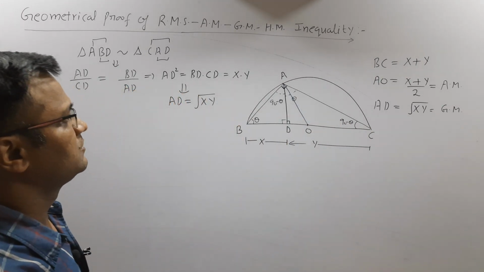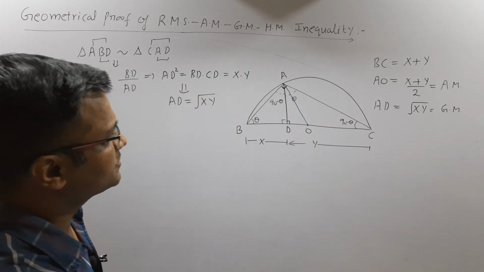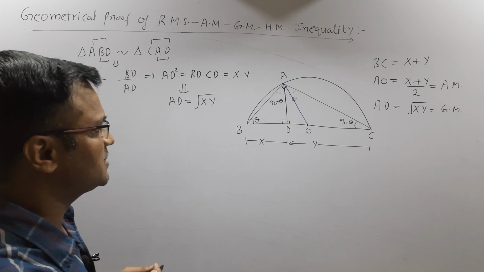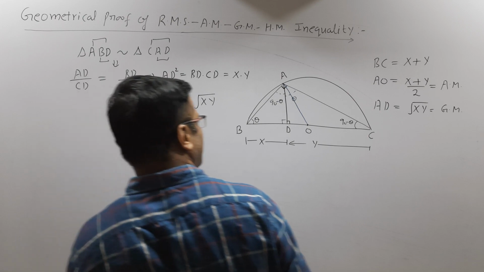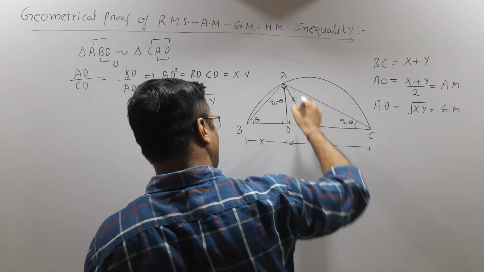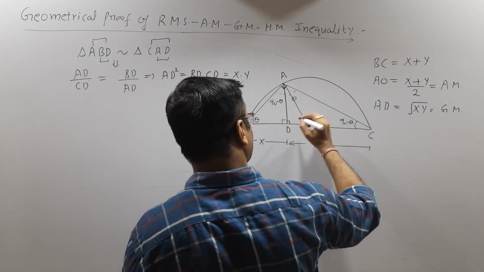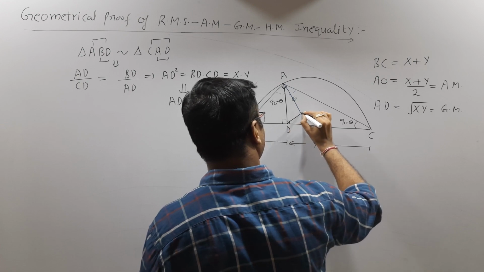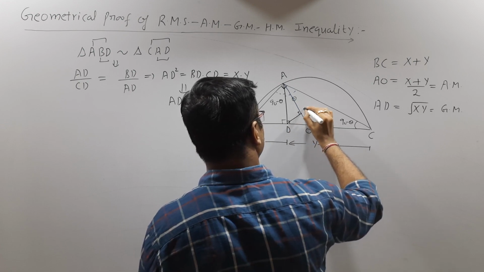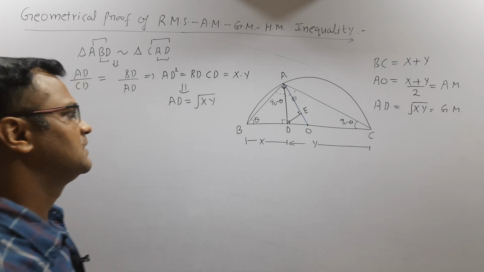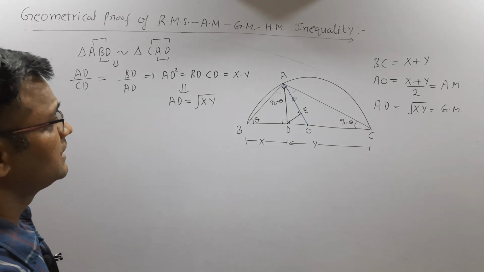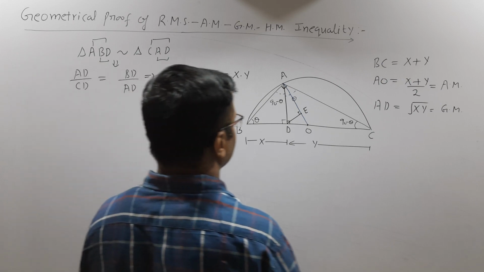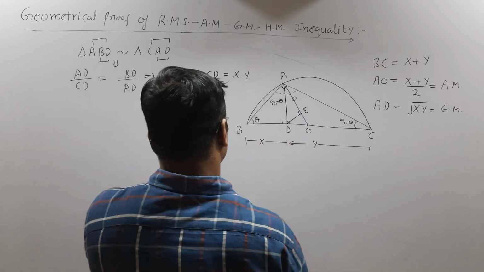Okay. Now we want to introduce the harmonic mean in this picture. So what can I do? Draw a perpendicular from point D to the radius AO, and suppose E is the foot of this perpendicular. Now again, I am going to search for a pair of similar triangles.